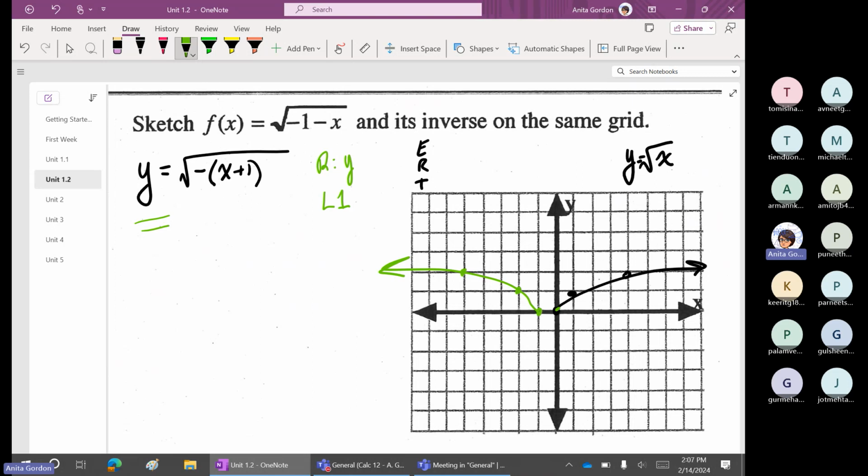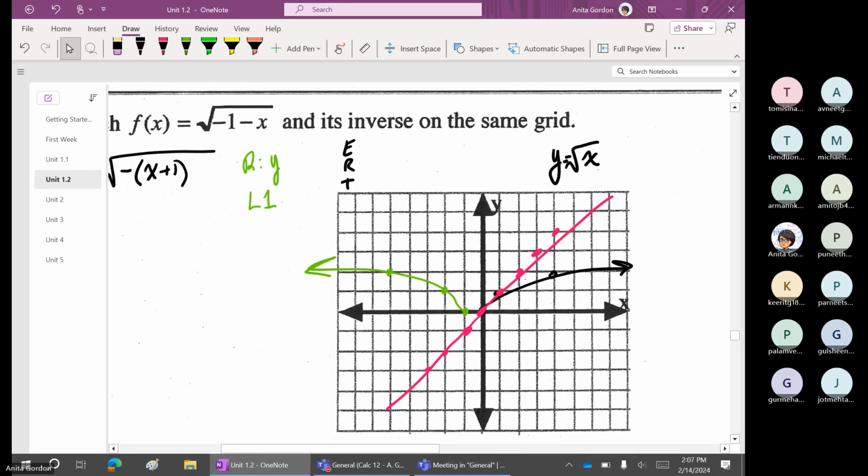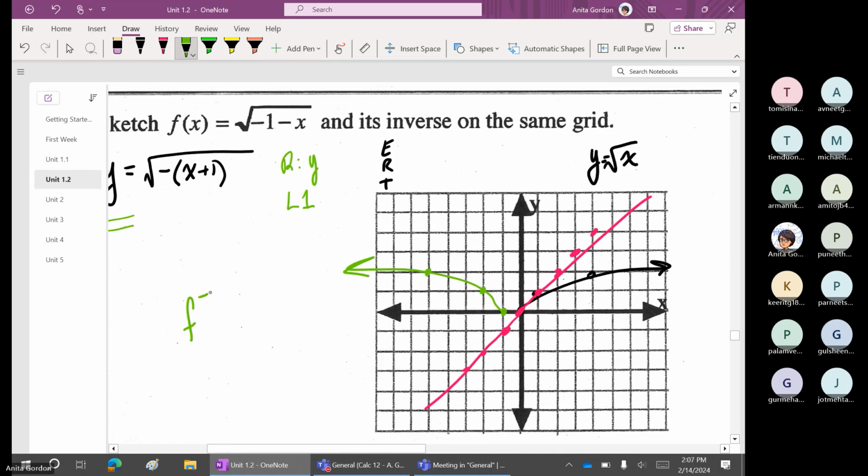Now, if I were to invert it, let me draw my inverting line. So 1, 1, here it is. Can you do this visually? If I fold this graph over, what does f to the negative 1 look like?